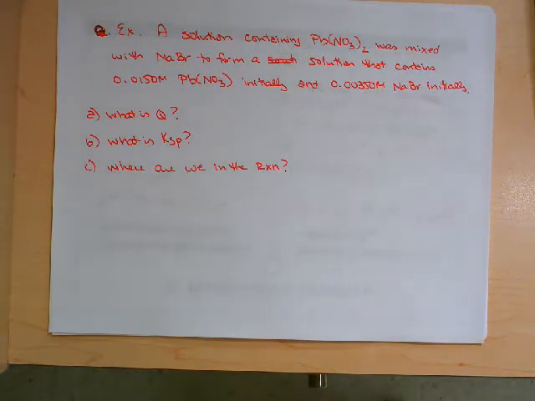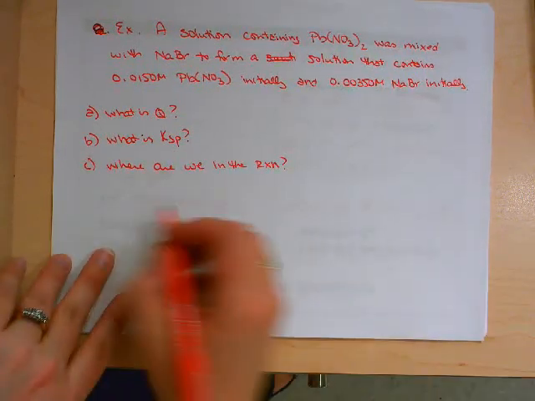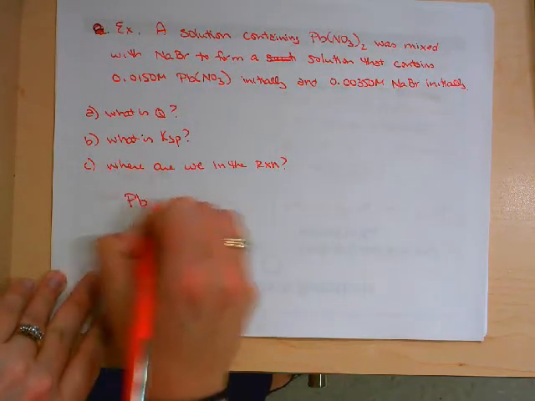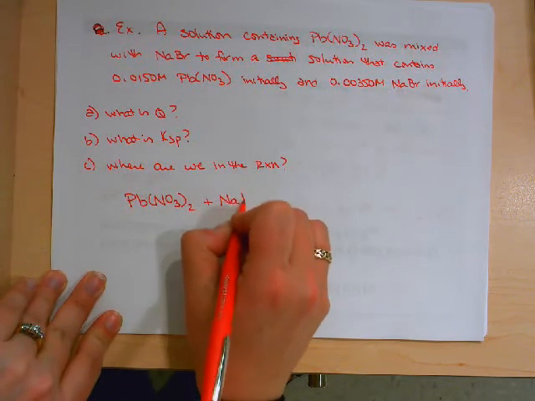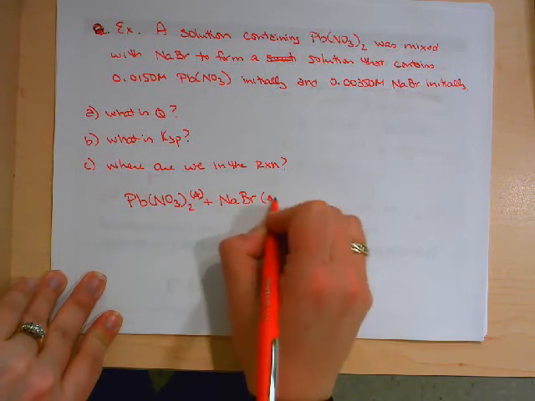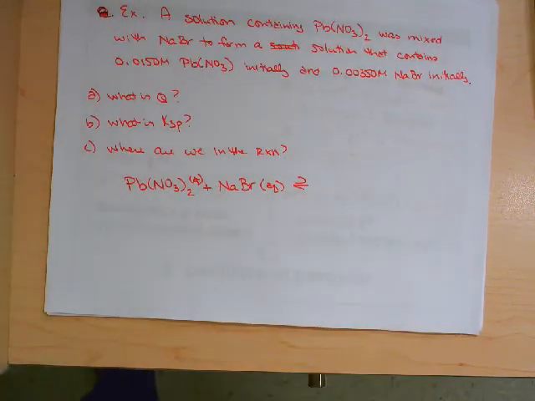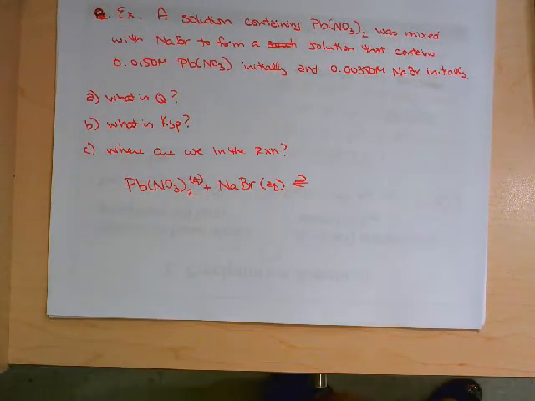I have two things in solution, right? Lead nitrate, Pb(NO3)2, that's aqueous, and sodium bromide.